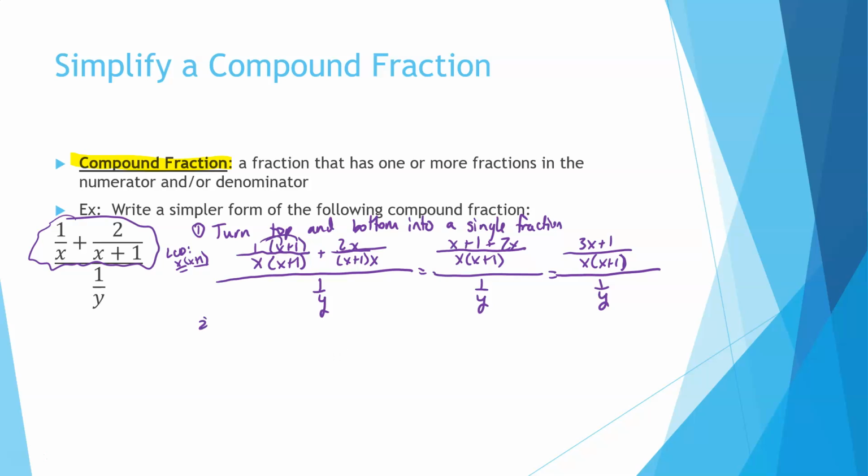Now the reason I like this strategy is because once I have the top and bottom set up like that, then I'm allowed to multiply the numerator by the reciprocal of the denominator.